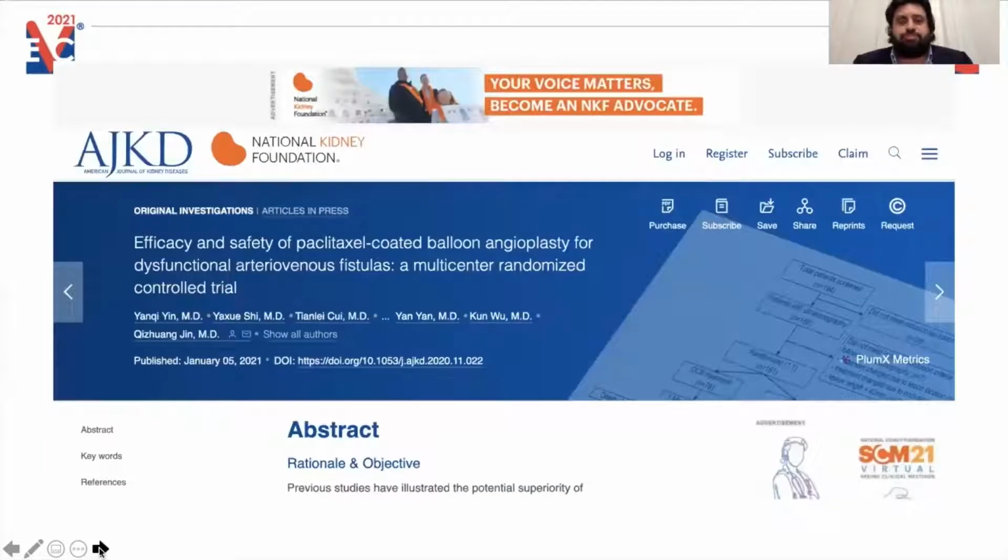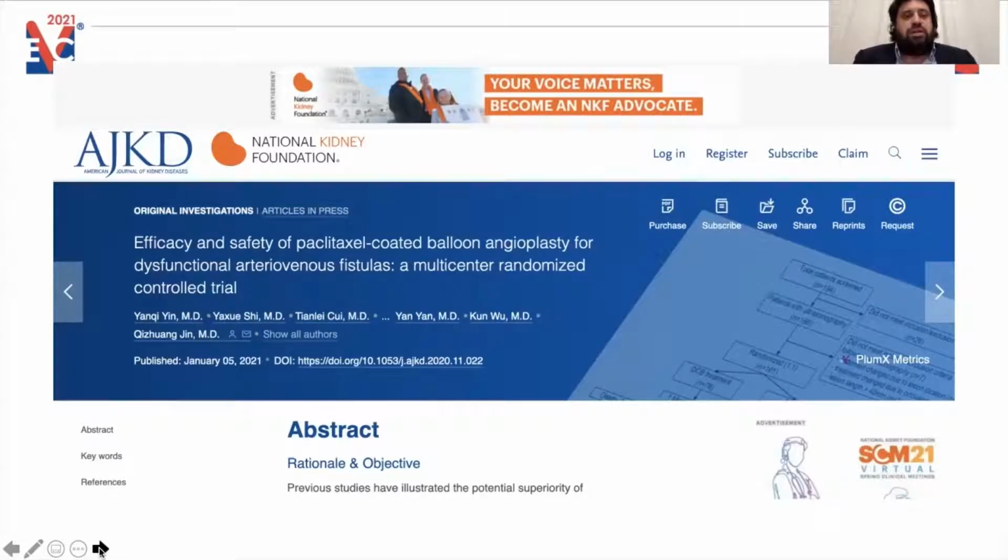The latest high-level evidence for Aperto DCB treatment was published in the American Journal of Kidney Disease in January 2021 by Professor Yan Yin.